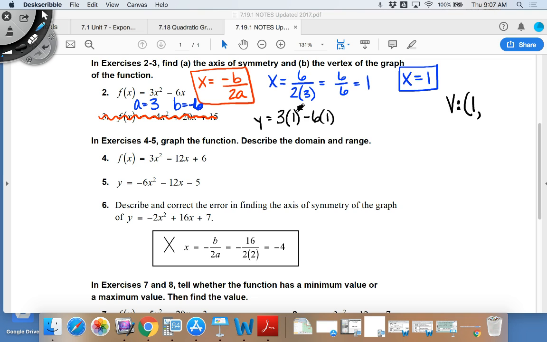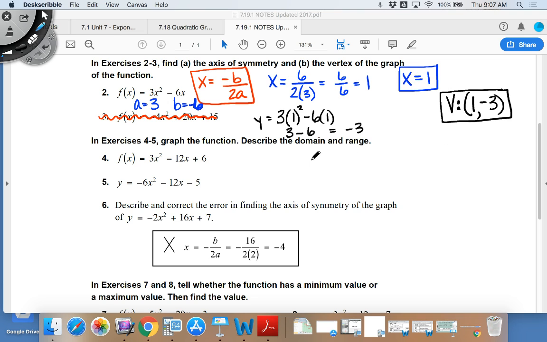When we simplify this, 1 squared is 1, 1 times 3 is 3, minus 6 times 1 is 6. So 3 minus 6 is negative 3. That is the y value when x is 1. So our vertex is 1, negative 3.